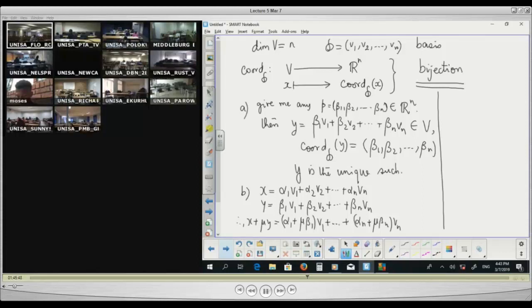These are the definitions. Now, observe. This is a bijection.